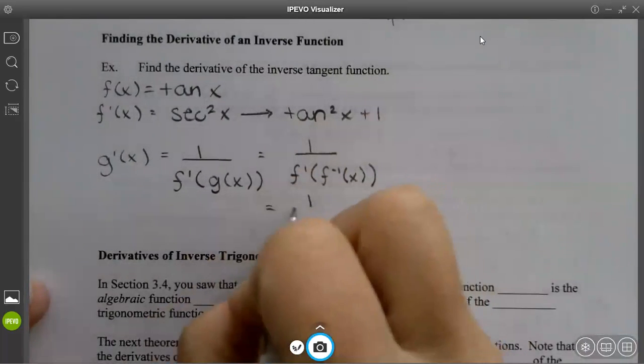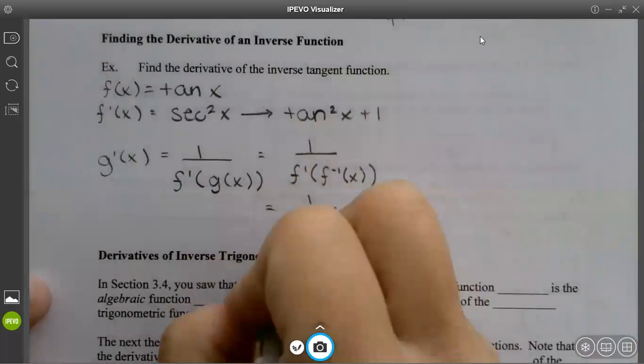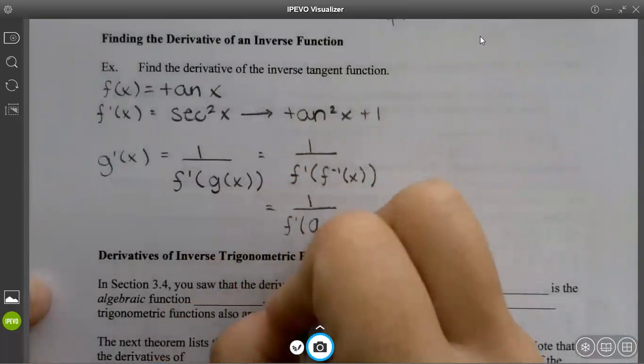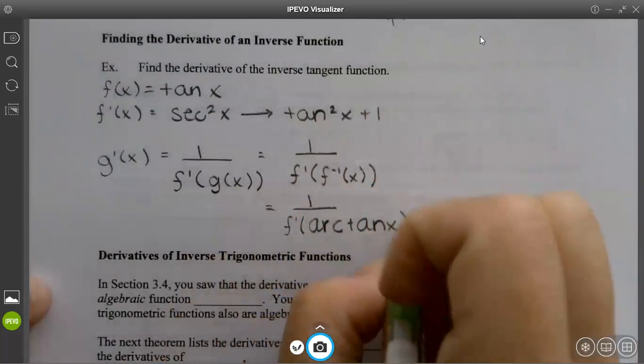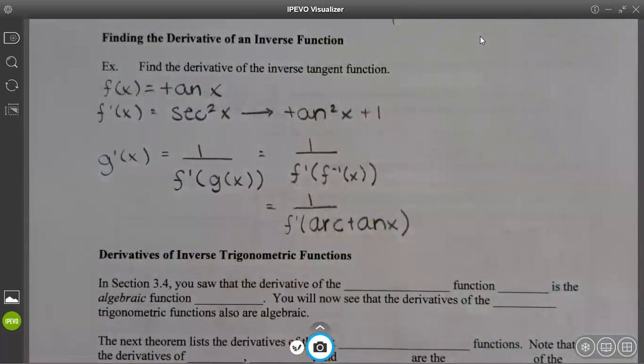I'm going to write this underneath here. The inverse of f of x is going to be arc tan x. Those are your inverse functions. They are in your book as well. You should know these from pre-cal. If you don't, it's okay. They're in your book. You gotta learn them. Okay. You have to learn them.